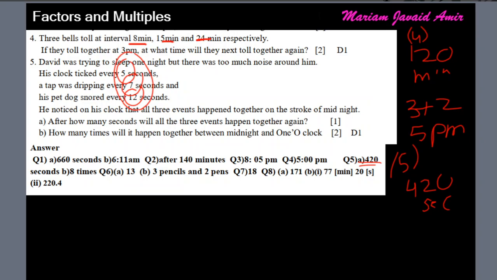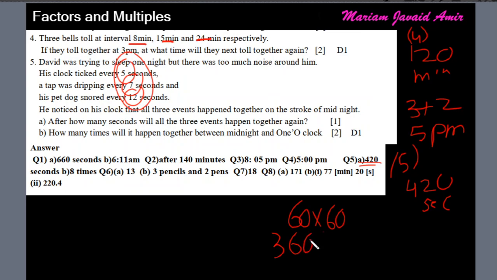Now how many times will 420 seconds occur in 1 hour? So 1 hour is 60 minutes, and 60 minutes is 60 times 60, which is 3600.